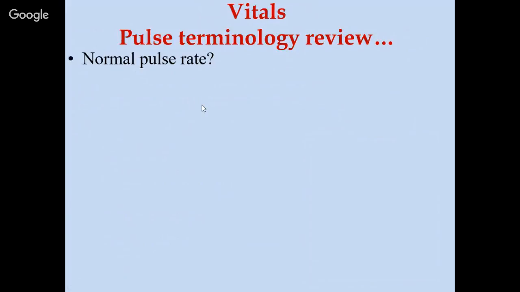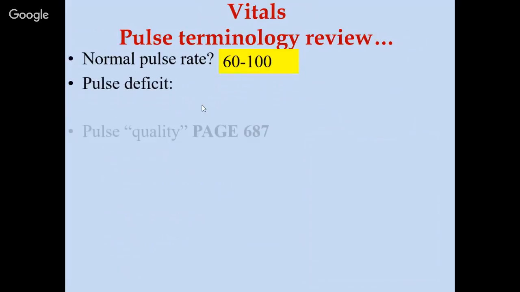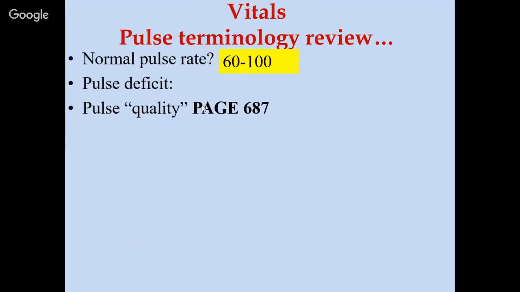So pulse terminology review, normal pulse rate, 60 to 100. Pulse deficit, that's the difference. Pulse quality, weak, thready, bradycardia, tachycardia, less than 60 or greater than 100.